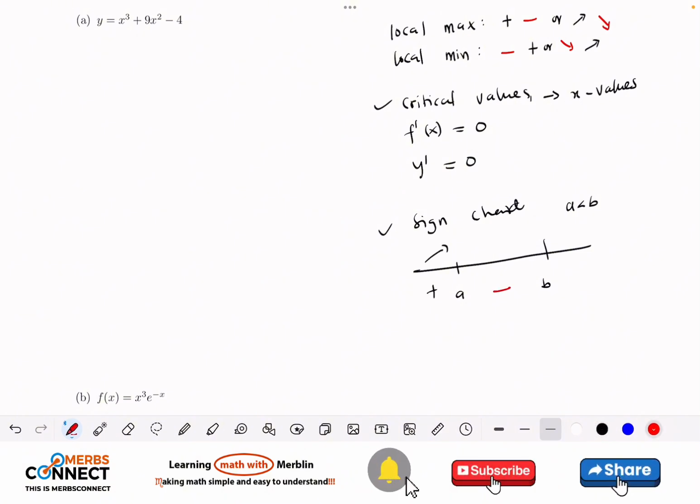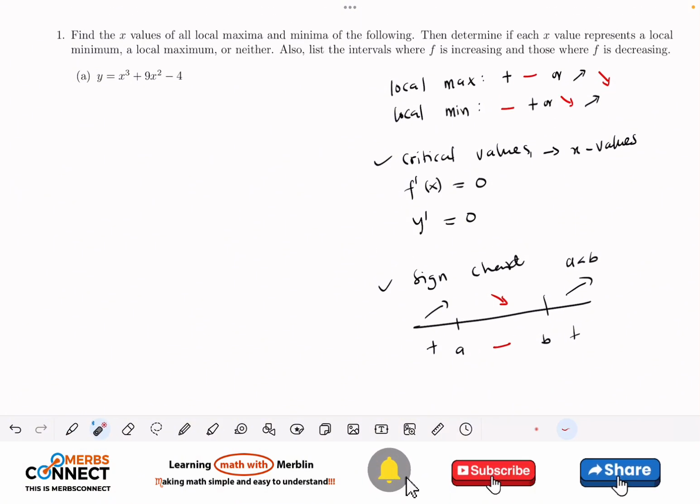If this one is negative, it's going to decrease. If this one is also positive, it is going to increase. Looking at the idea I gave you, you can see plus, minus, and the value in between, this is A. So at x equals A, this is going to give us the local maximum.